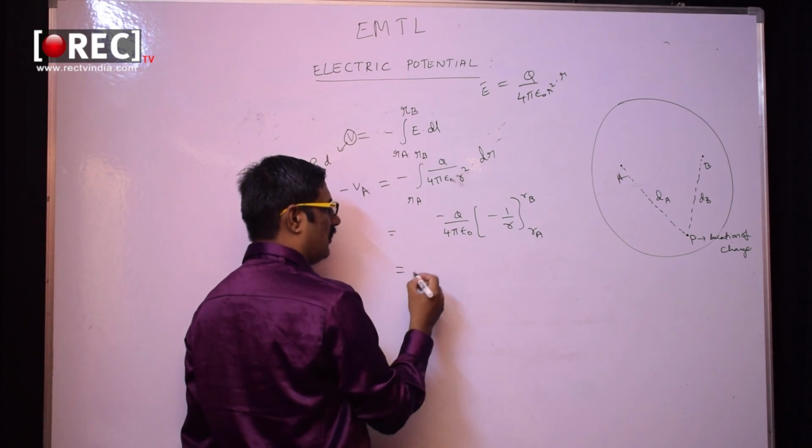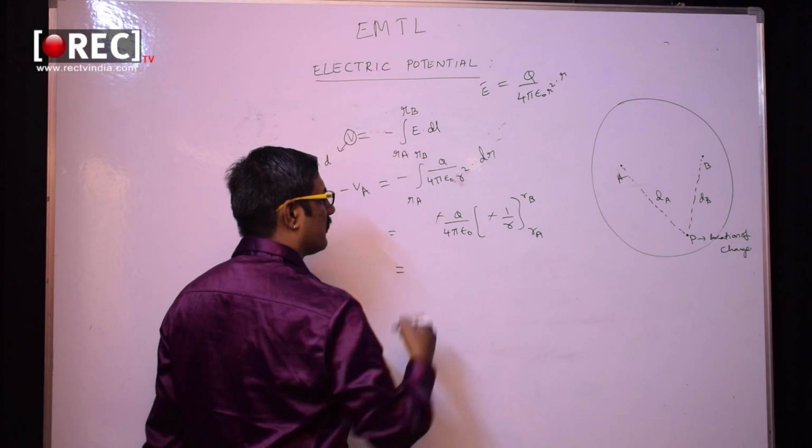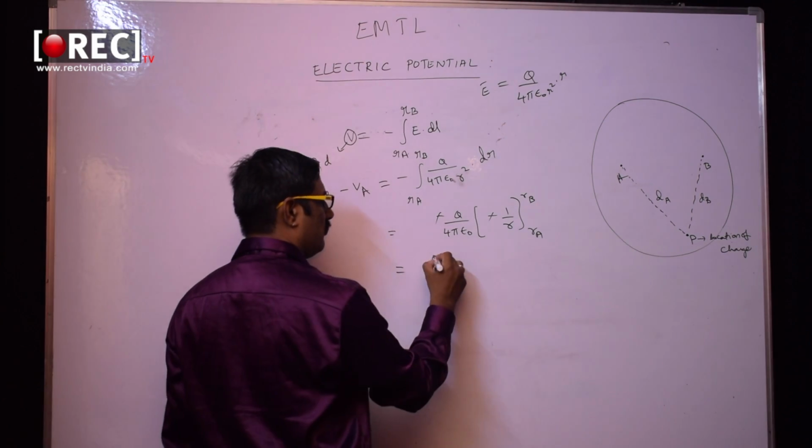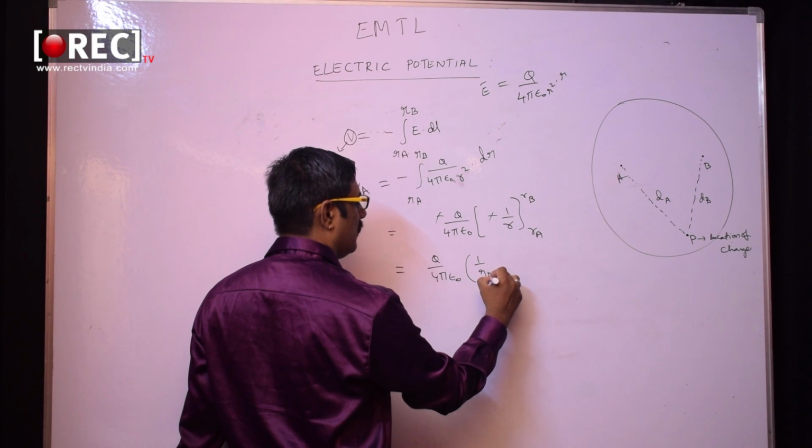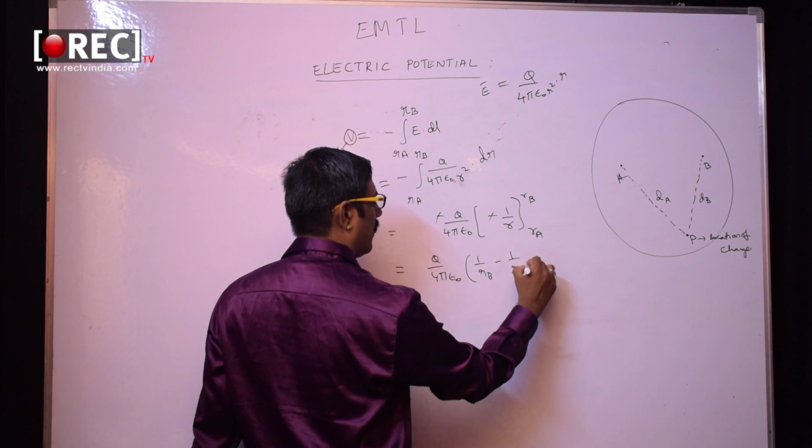Now we can cancel the minus and minus here. So you are left with Q by 4 pi epsilon naught into 1 by RB minus 1 by RA.